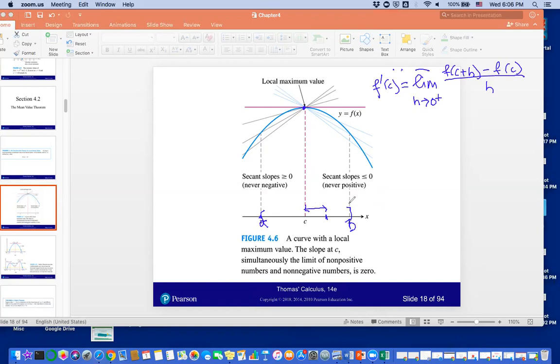Can somebody draw the secant line that corresponds to this in this picture? So there's an implied y-axis. Very nice.